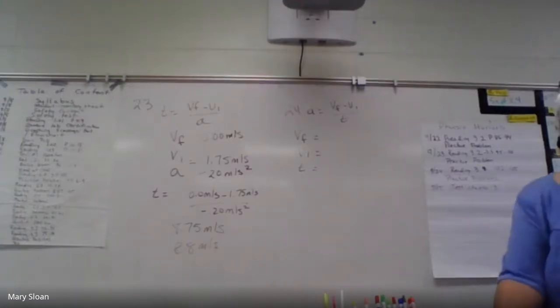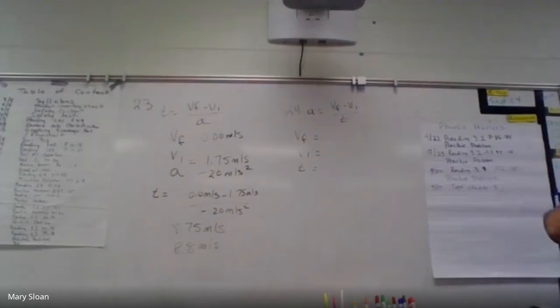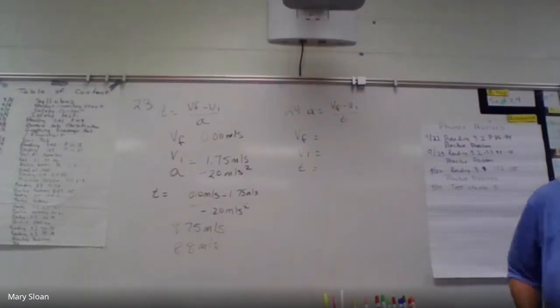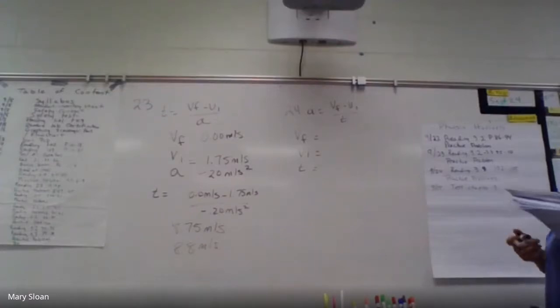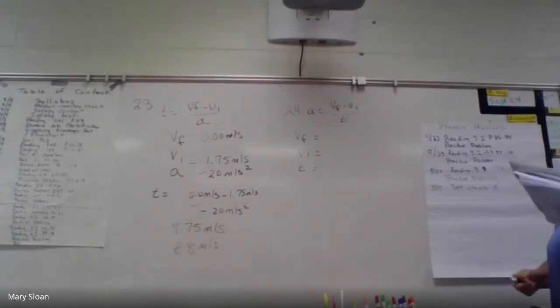Problem 24 says, a race car travels on a straight racetrack with a forward velocity of 44 meters per second and slows at a constant rate to the velocity of 22 meters per second over 11 seconds. How far does it move during the time? The velocity final is 44, right?